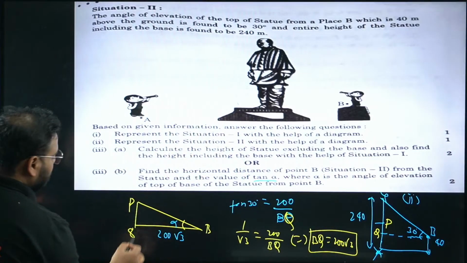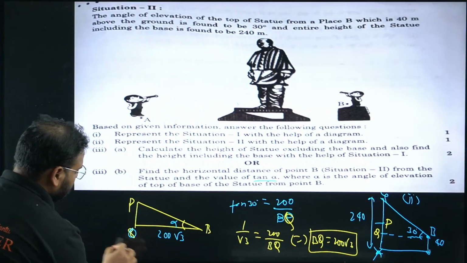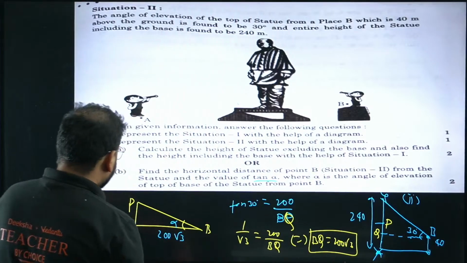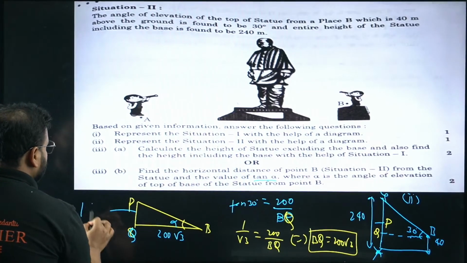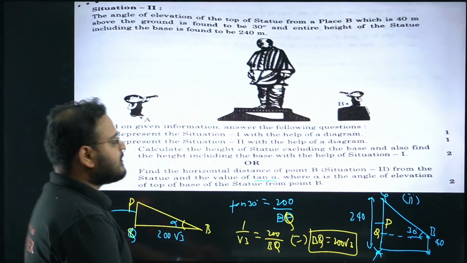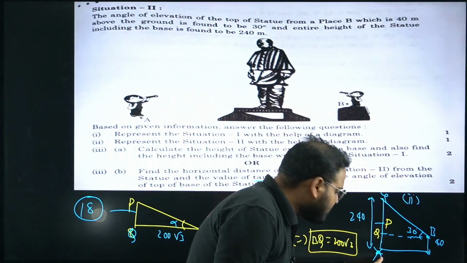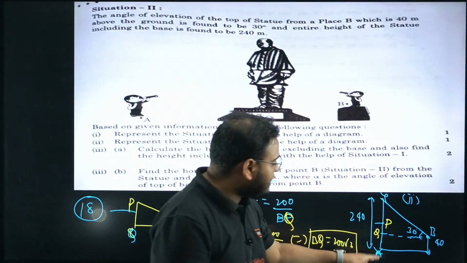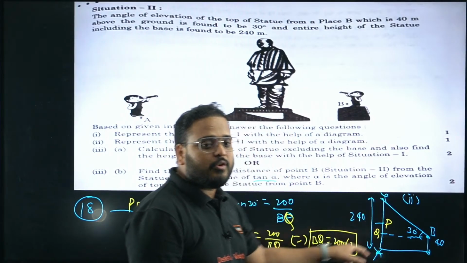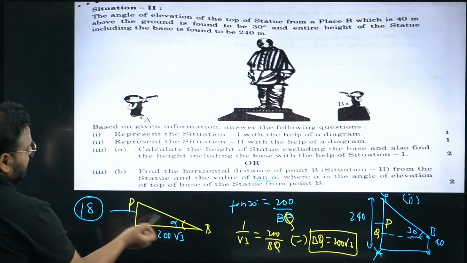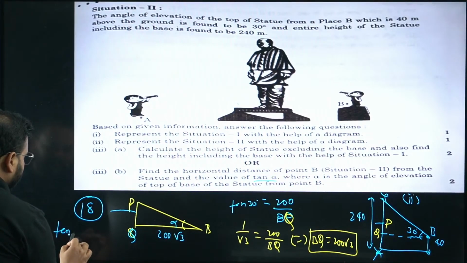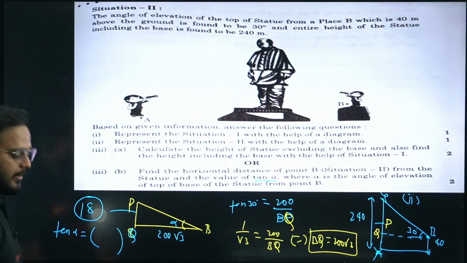And what is PQ? PQ is nothing but 18. How come? P to X is 58 and Q to X is 40, so PQ will become 18. So from here you can find tan alpha. Got it? Please check.